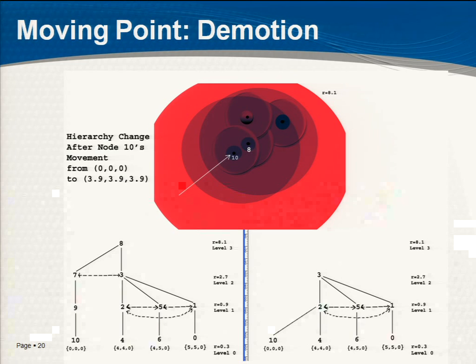Now if it moves to here, it is covered by this root, right? So it is demoted all the way down to the lowest level, because in the second level it's already covered by this. Since it doesn't have any child itself, it also goes one level lower.